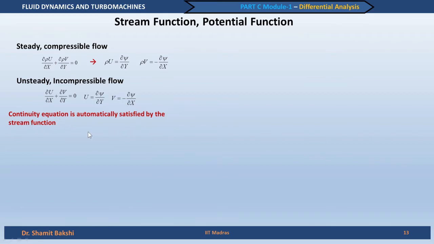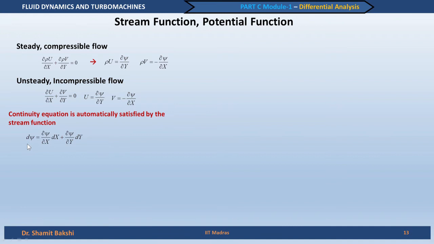Now, that is basically the motivation from where this function is defined, but if we look at the expression a little carefully, we can see it has more important physical significance. Let us find out the value of d psi.